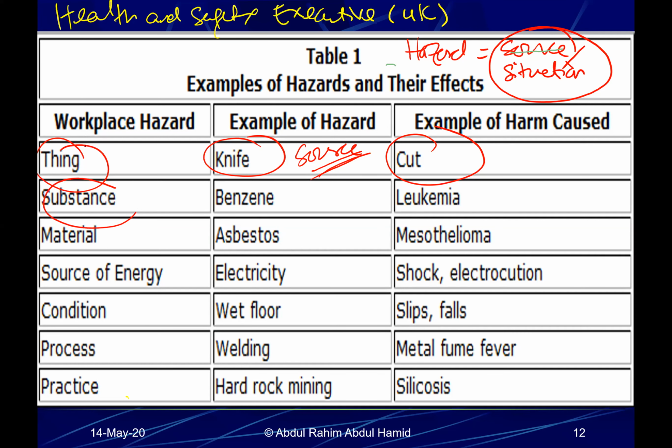And then substances, for example benzene, petrol, diesel, whatever, they are in a similar category. They can be harmful in such a way. Prolonged exposure to benzene, petrol, or even diesel can cause leukemia, some sort of cancer.